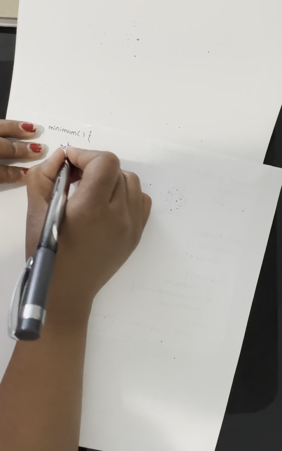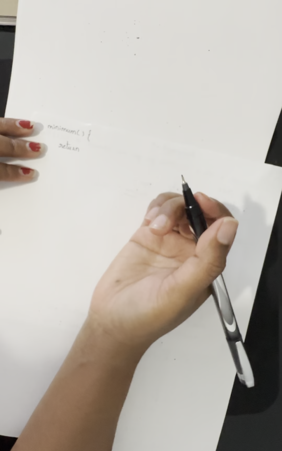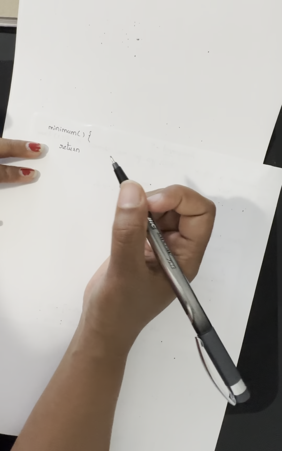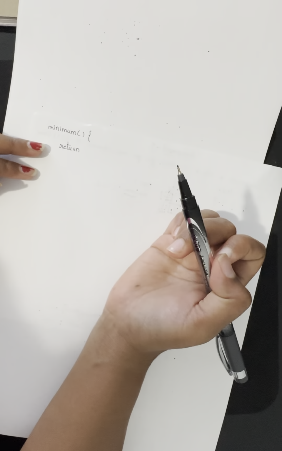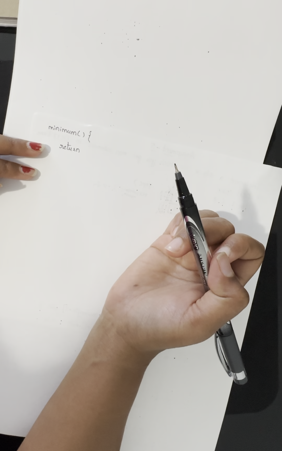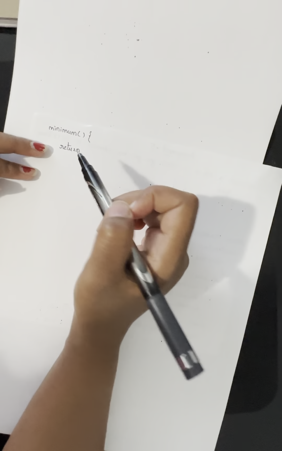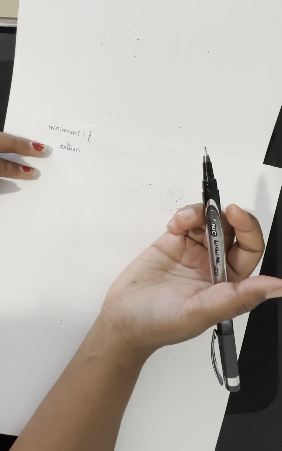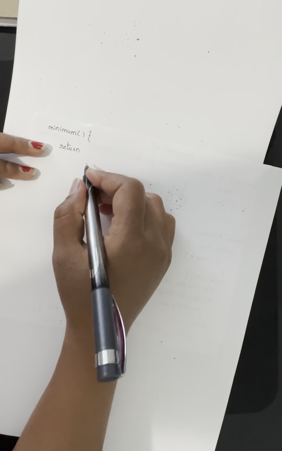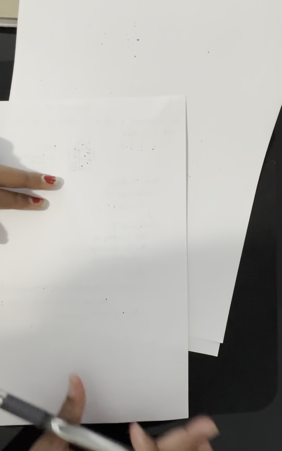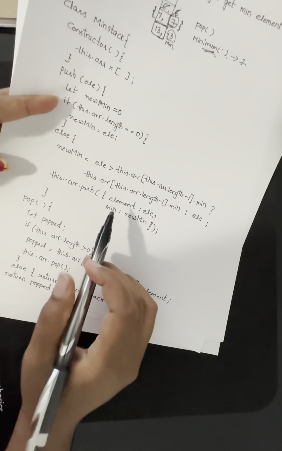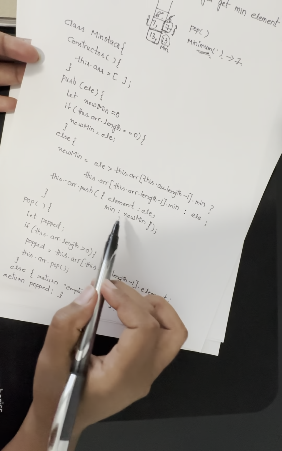Here we need to write this function so that the time complexity when this function is called should be big O of 1, and the space complexity is also big O of 1. So here I'm not using any extra space, and to get the minimum we are storing all the minimums in the stack, in the form of min.